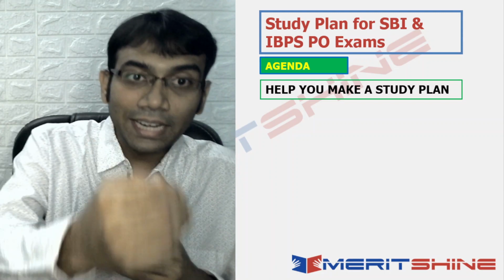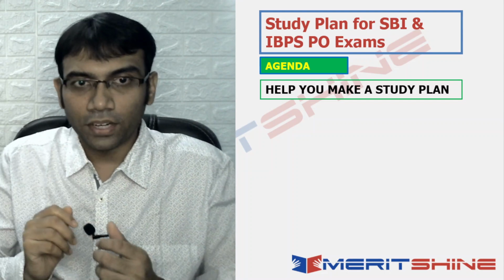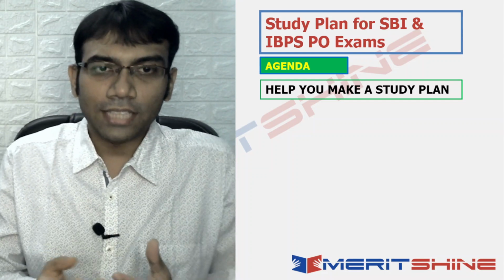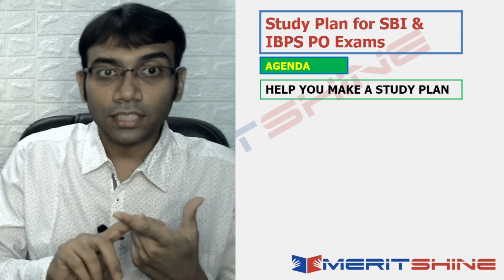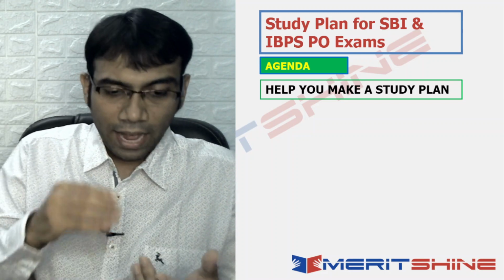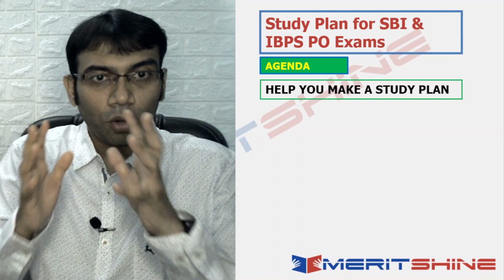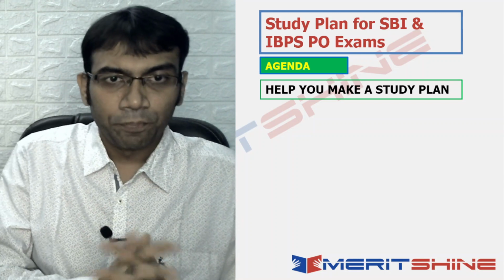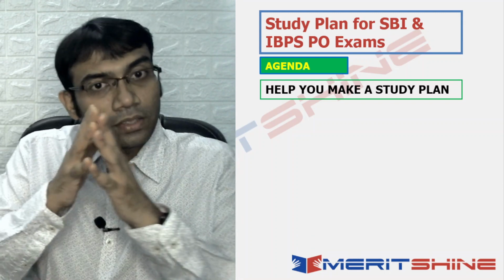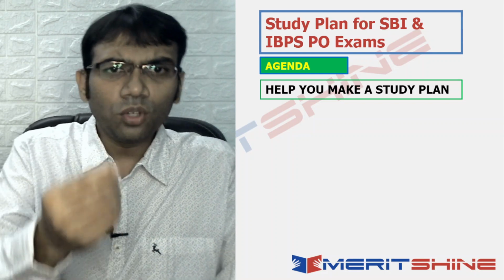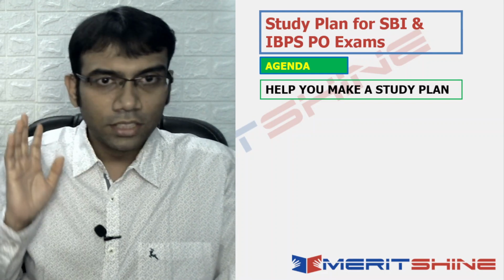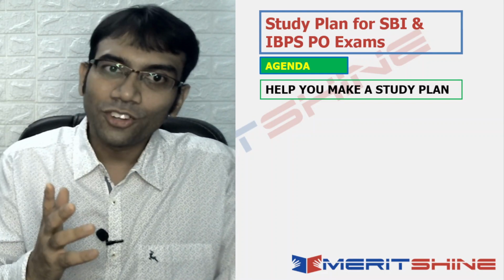You might be a late sleeper, then your timing should be different, right? What we can ensure is that, boss, these are the basic things that you need to do before you close your preparation for that day, right? Day on day. So on the basis of that, according to your body cycle, you make your schedule, and that would be best suited for you, right?